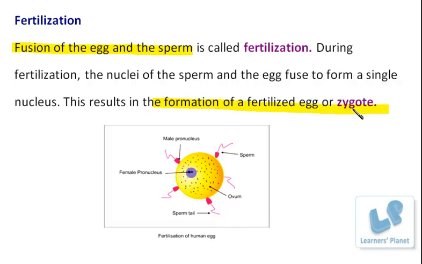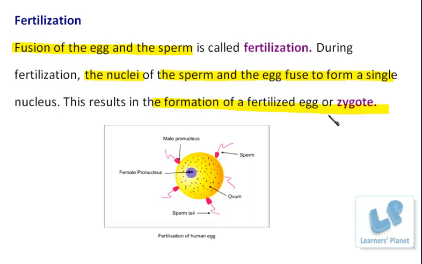But how it actually happens is that it is not merely the two cells fusing that helps in the production of a new organism. What happens is that there is the fusion of the nucleus of each cell. That means the nucleus of the sperm and the nucleus of the egg fuse together, and inside the zygote a single nucleus is present.